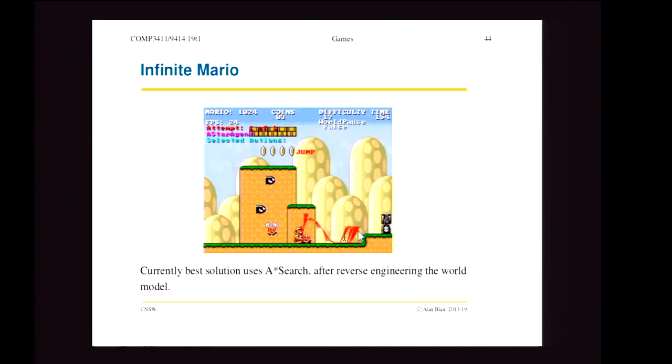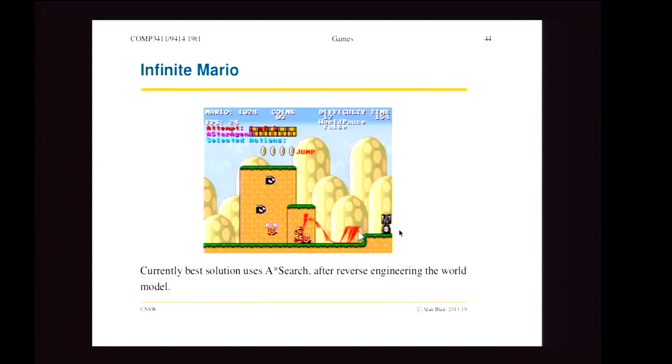Infinite Mario. I might say a bit more about this after we've talked about path search. So now we're moving on to games that are actually continuous, not discrete.